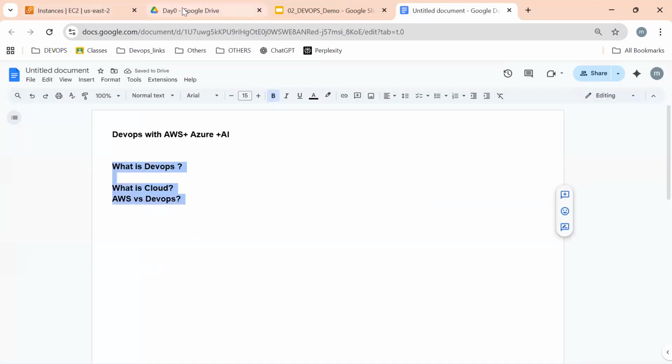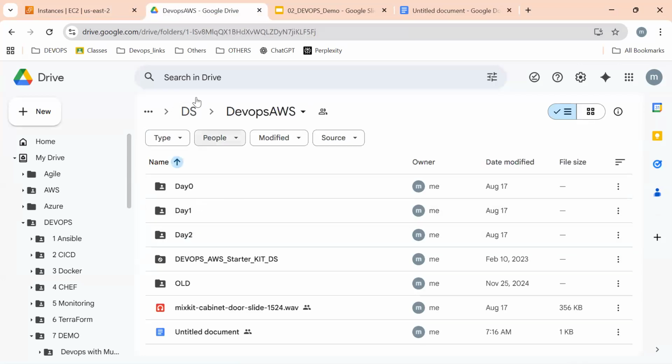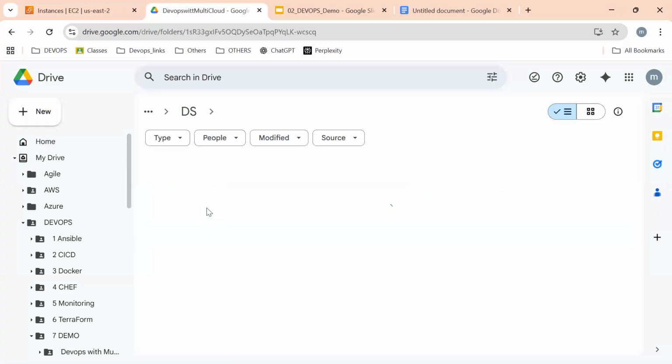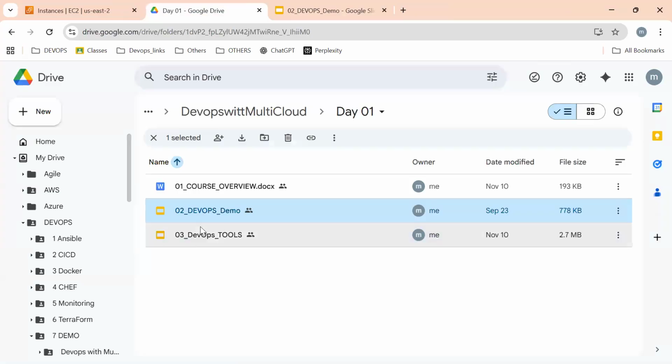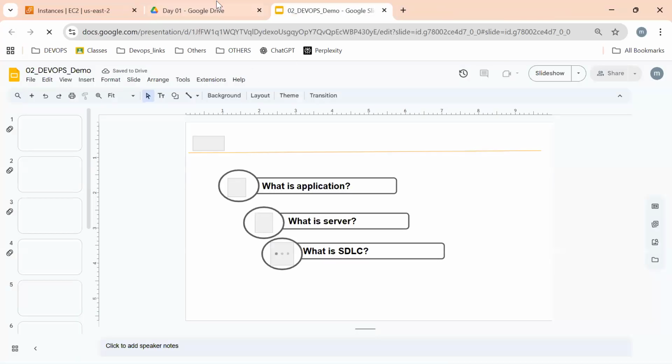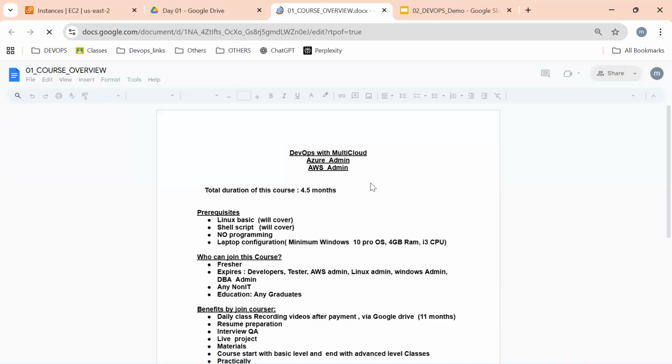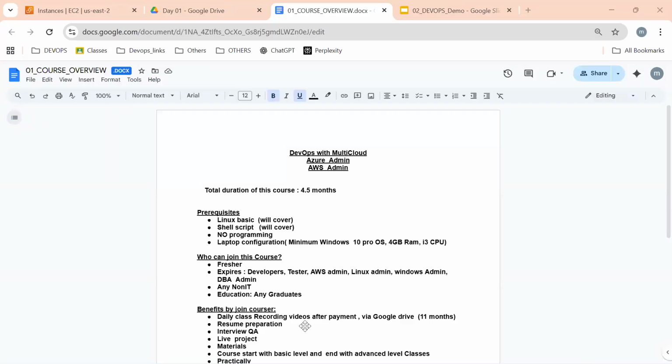Completely DevOps with multi-cloud, complete AWS, Azure administration, and AWS administration we are going to be learning.